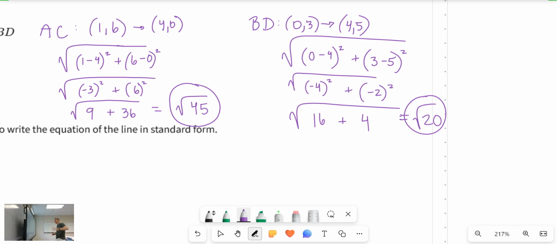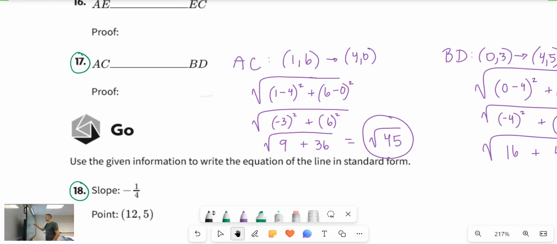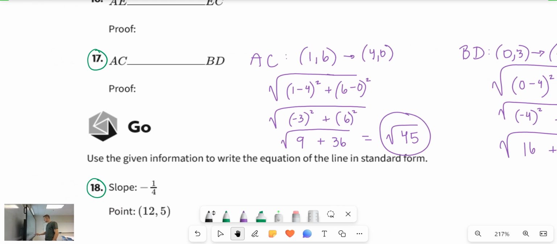So which one's greater? Is the square root of 45 bigger, or is the square root of 20 bigger? The square root of 45 is going to be bigger. Pretty significant difference here. So AC was the one that had the square root of 45. So AC is greater than BD.